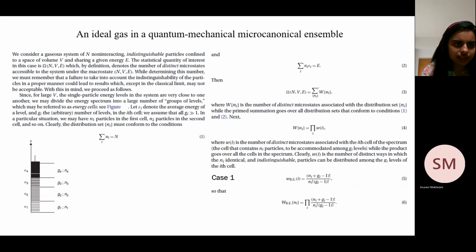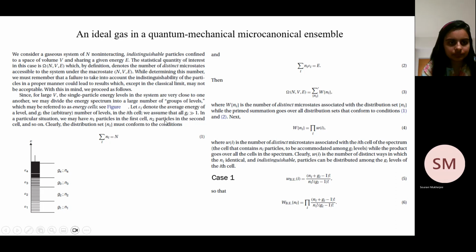Now, if you consider a large volume, it's a quantum mechanical system, so you have discrete energy levels that are very closely spaced. You consider that epsilon i denotes the average energy of some level, and g i is the number of states, so it's the degeneracy of that particular energy level.